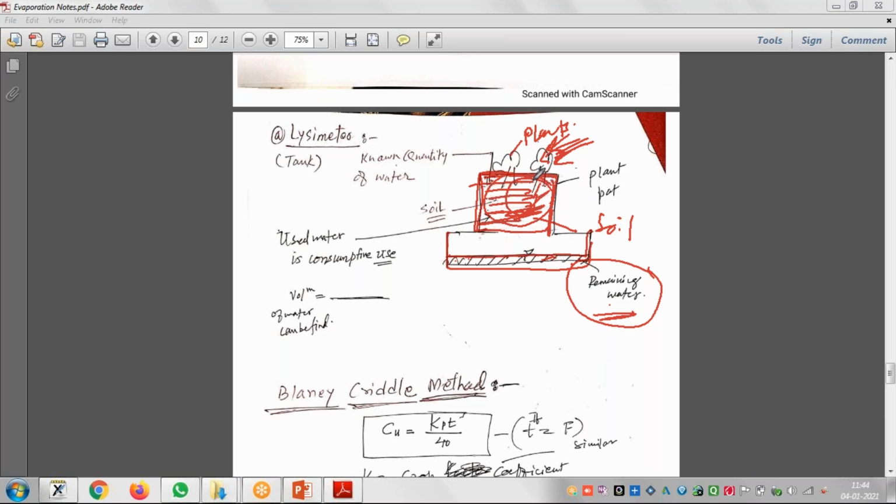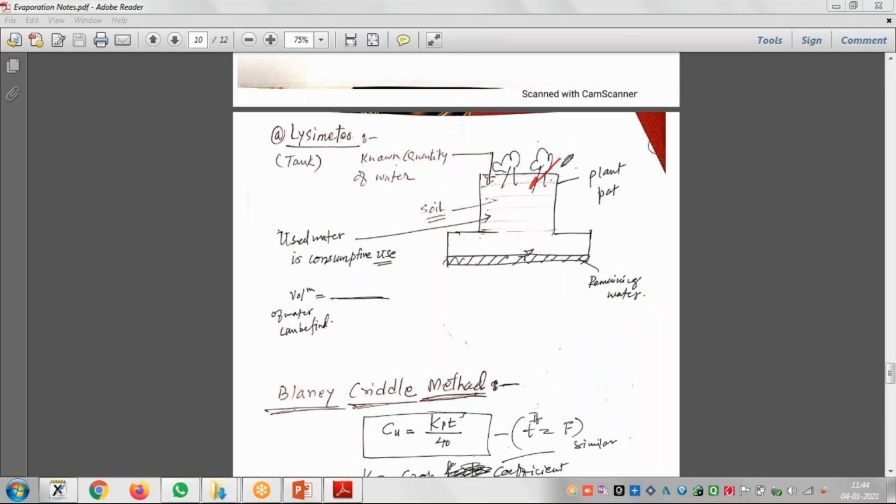For example, suppose 1 liter of water is inserted into the plant. Only 0.5 liter of water is used by the soil and plant, and the remaining water comes into the pan.